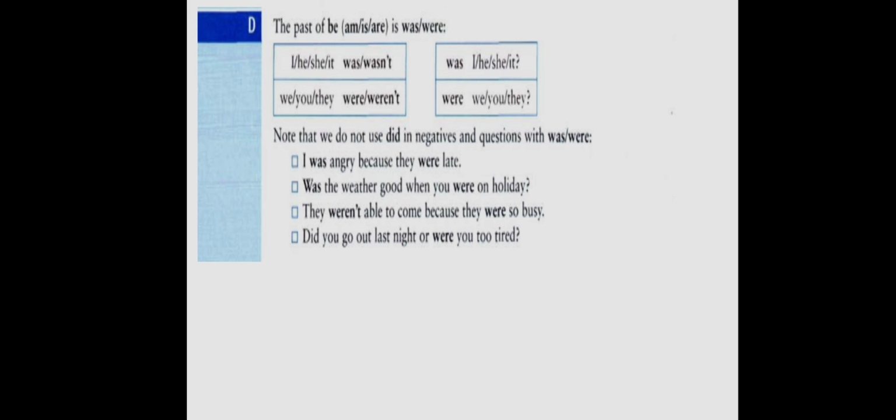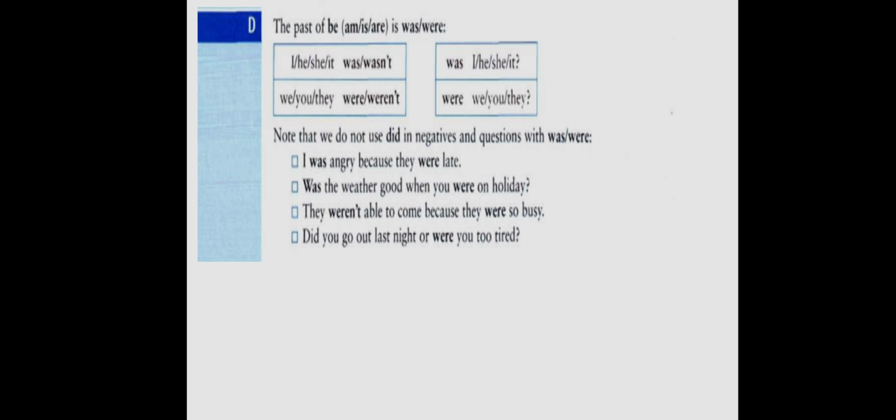"Was" or "were", "wasn't" or "weren't" are helping verbs. So we don't use another helping verb, "did", in the question. If you don't have a helping verb, in the case of verbs like "played", "went" or "studied", then you use a helping verb, which is "did" in the past.